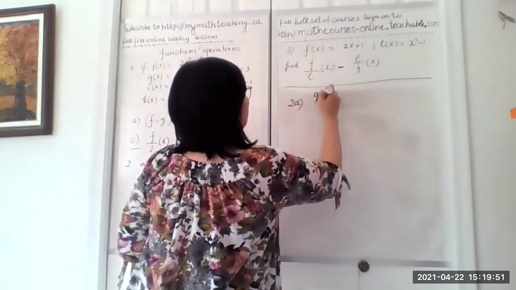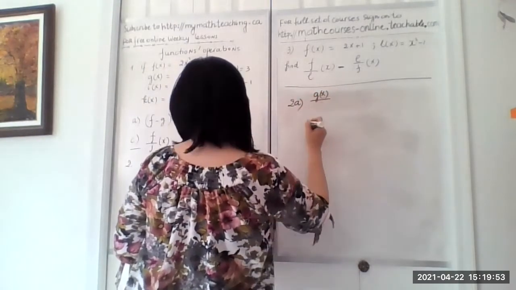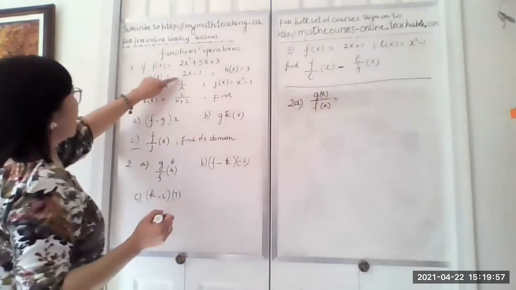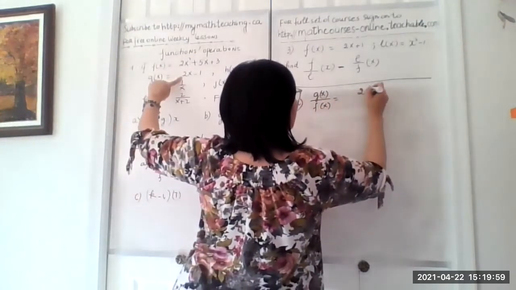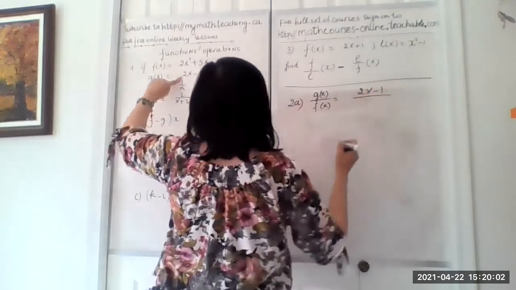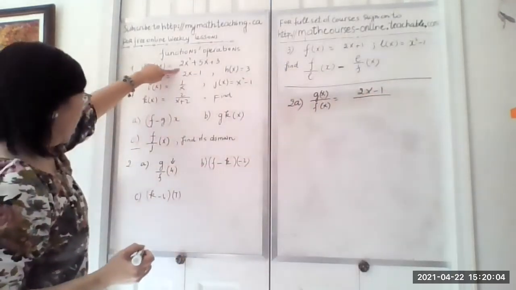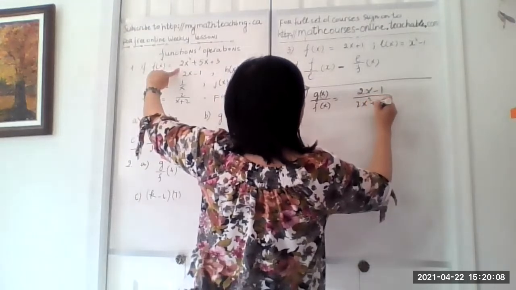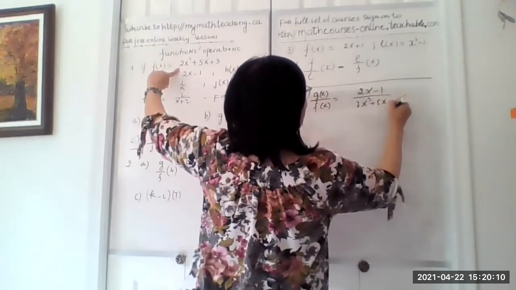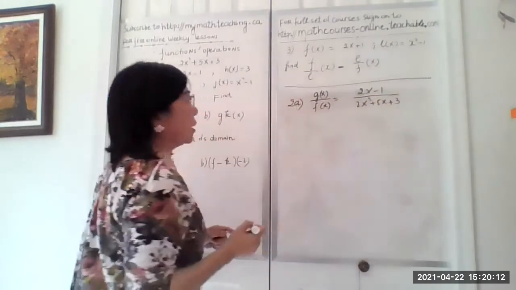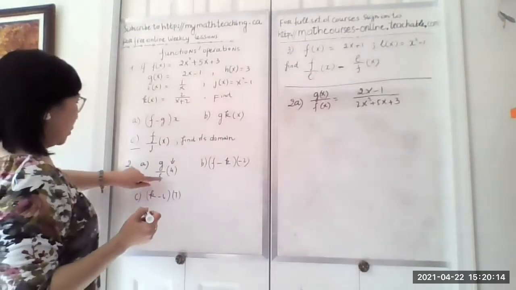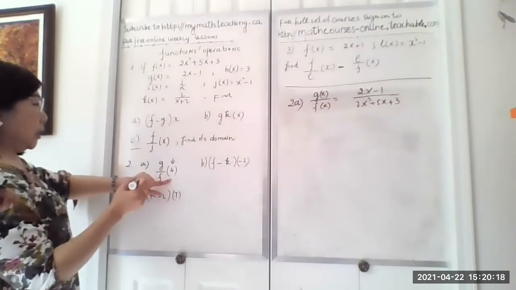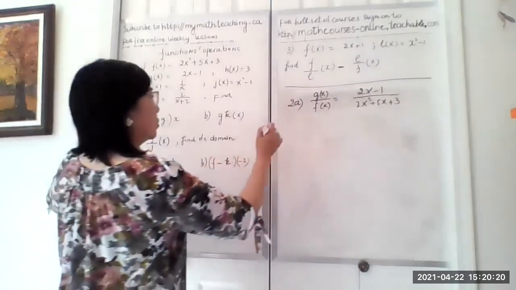So I'm going to say g(x) divided by f(x) will be equal to our g(x), which is 2x minus 1, divided by f(x), which is 2x squared plus 5x plus 3. So that's the operation we do. Now, they also want us to evaluate the result at x equals 4.